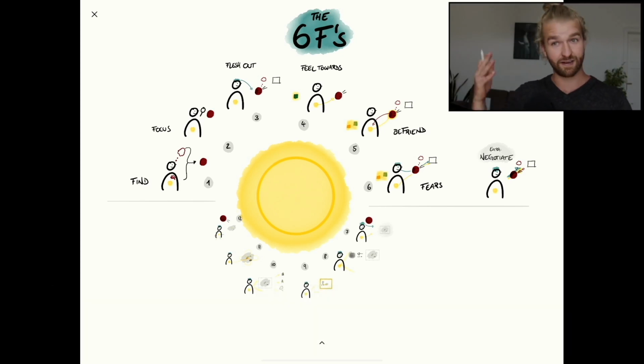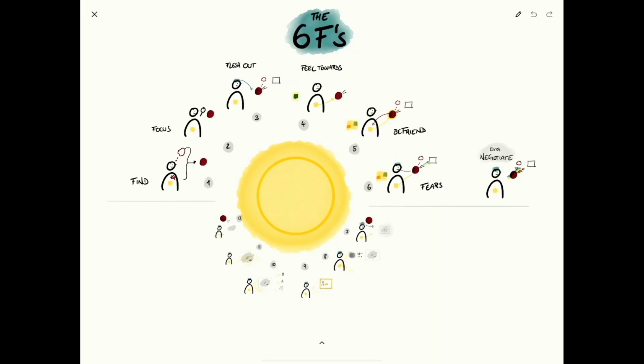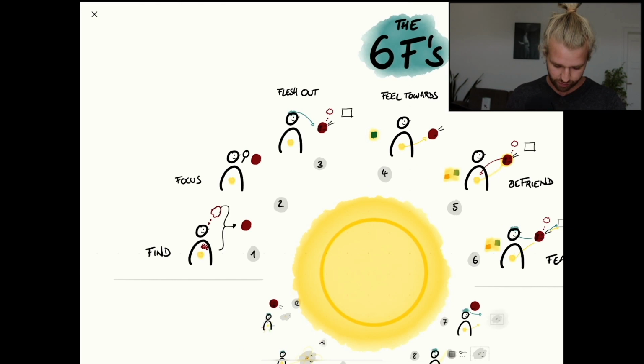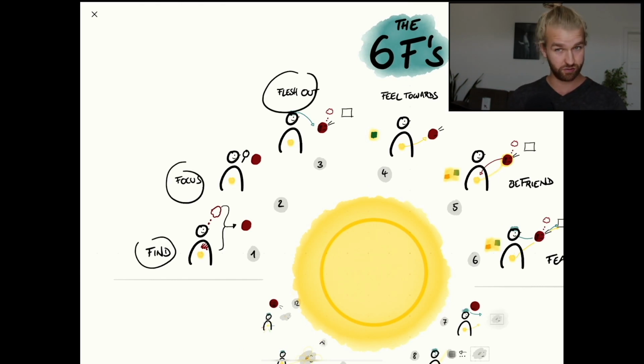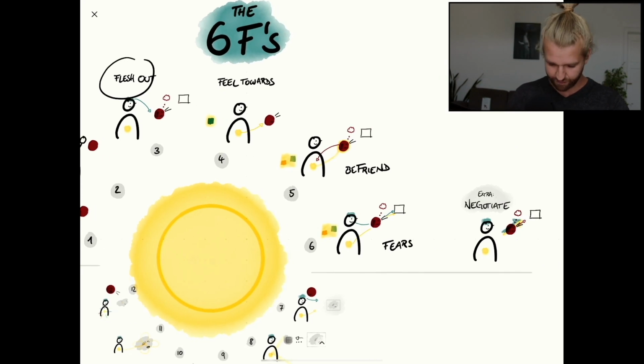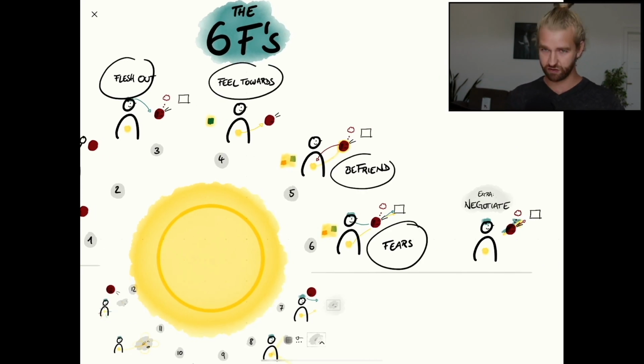And 6 Fs, again, alliteration, stands for the 6 steps when working with protectors, which is finding, focusing, fleshing out, and then feeling towards, befriending, and fears.